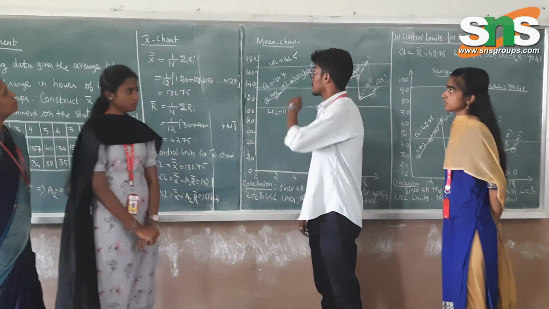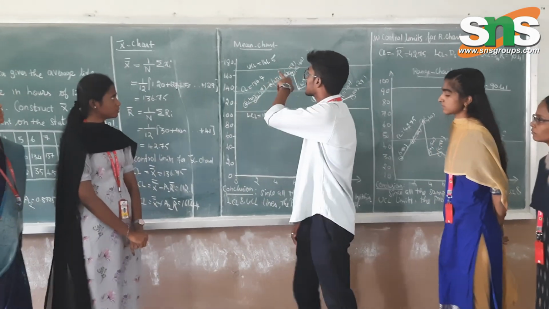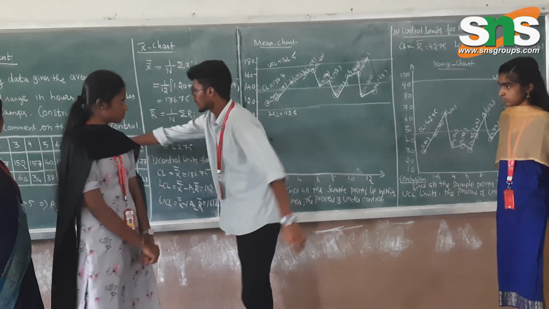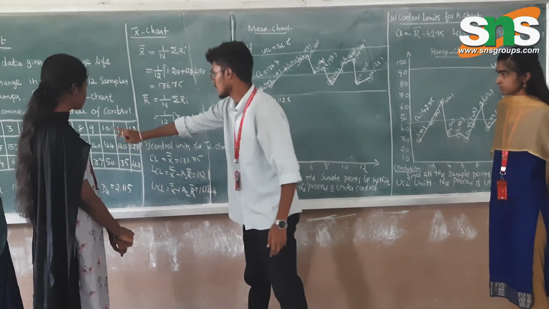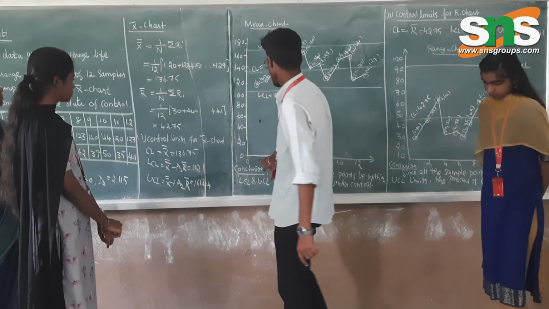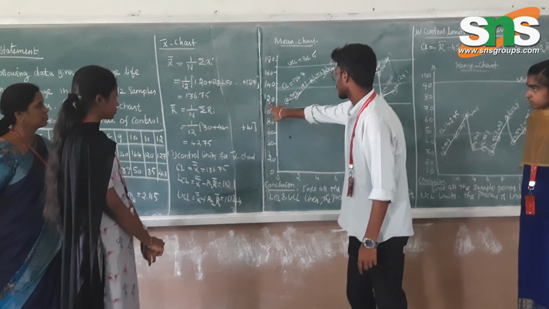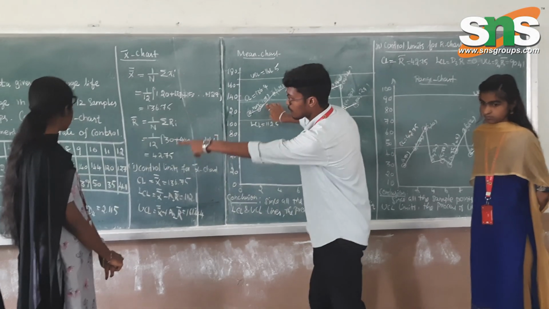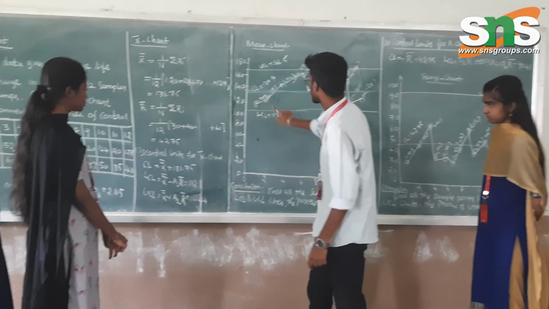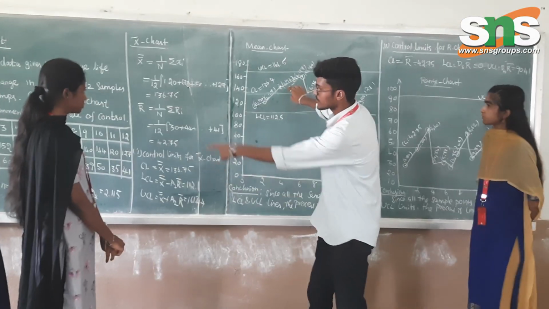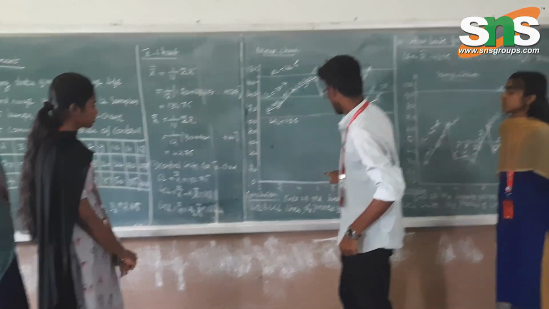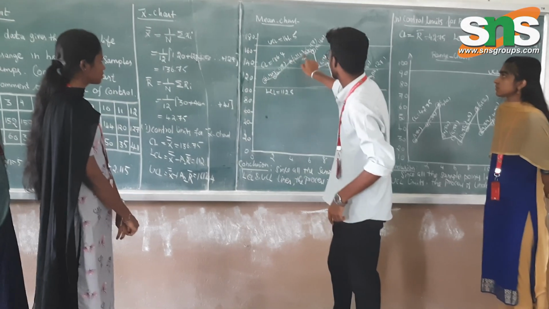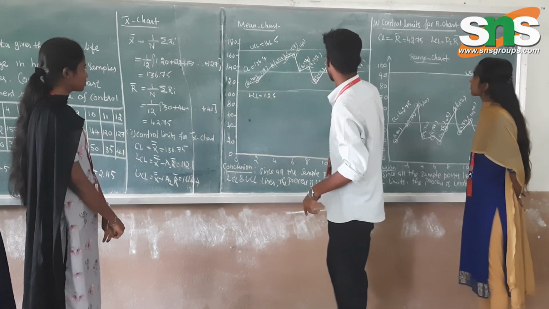Good. Now I am going to explain the mean chart. The samples go from 1 to 12. The mean X for sample 1 is 120, for sample 2 it is 127, for sample 3 it is 152, and for sample 4 it is 157, and similarly up to 12.